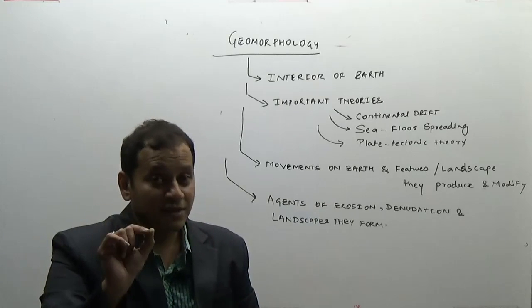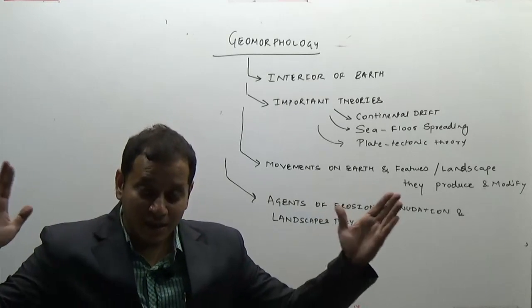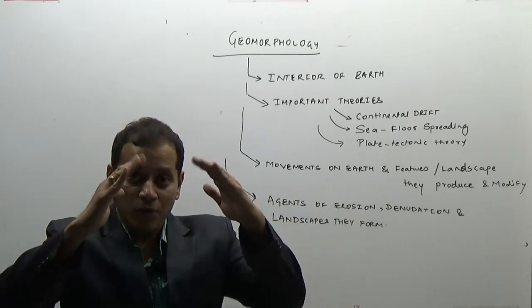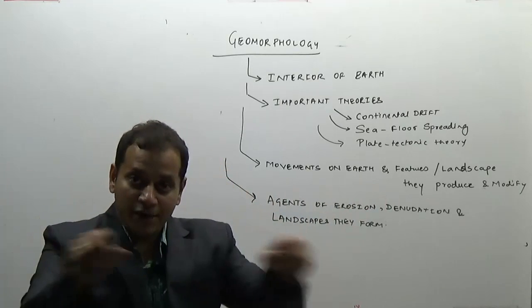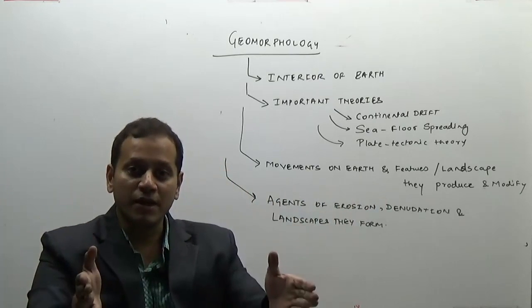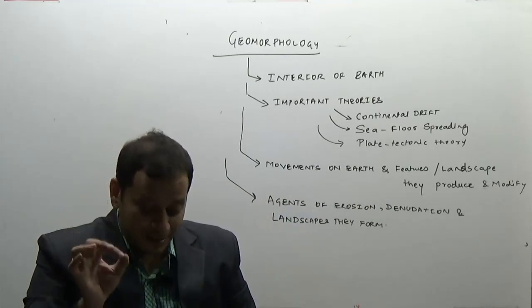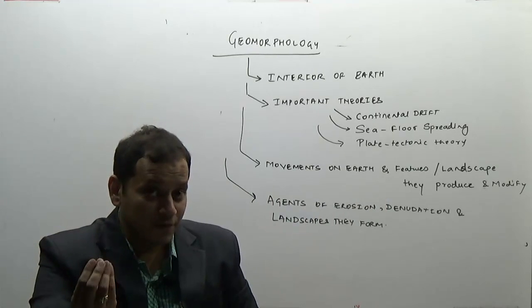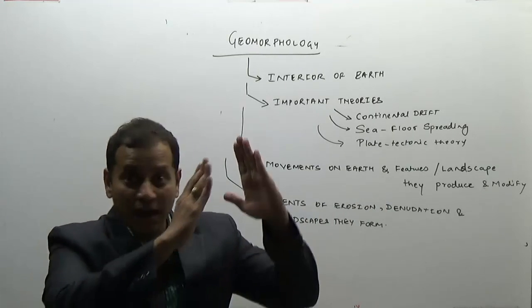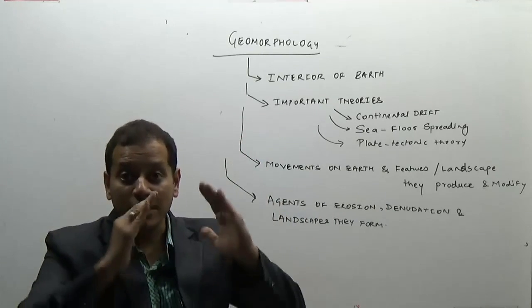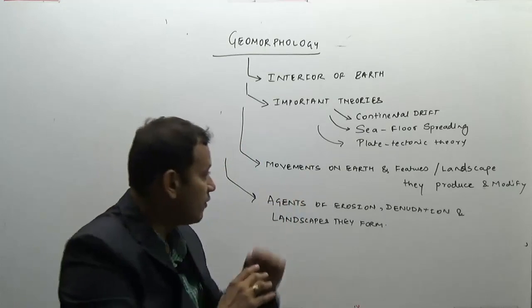And what are the different kinds of movements? Some where the earth is folded to form a mountain, some where the earth is faulted or fractured to form a rift valley or the block mountain. Somewhere there are very high mountains, somewhere there are volcanic mountains. So different kinds of movements.